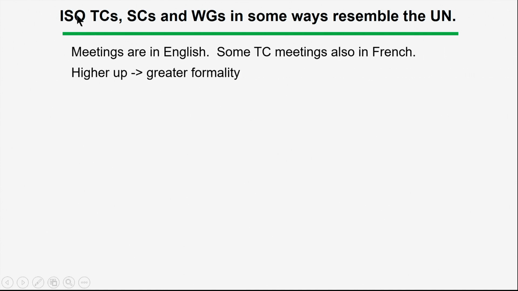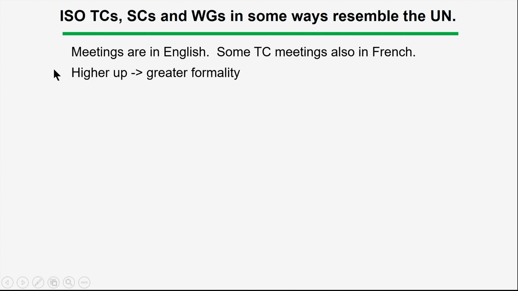And people will have differing opinions for different reasons. Fortunately, these technical committees tend to be less political than the UN is, but sometimes there are political issues that arise. To make the process work, generally ISO meetings are in English, but sometimes things are in French. French is the second official language.